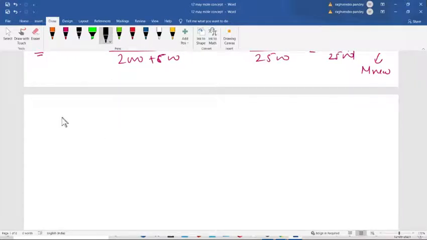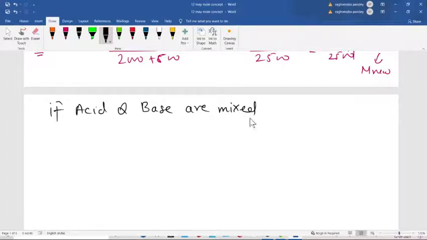Now, another concept: if acid and base are mixed, then this formula, M1 V1 plus M2 V2 divided by V1 plus V2, we don't use.